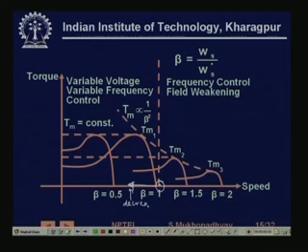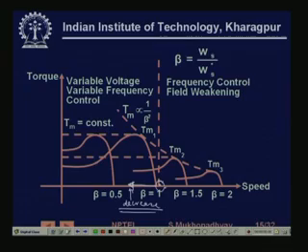But if you decrease voltage, we have found that there are some problems, as we found in the simple stator voltage control. In this zone we can increase frequency. When you decrease voltage, keeping the frequency constant, the flux level is falling. So again the torque is falling.